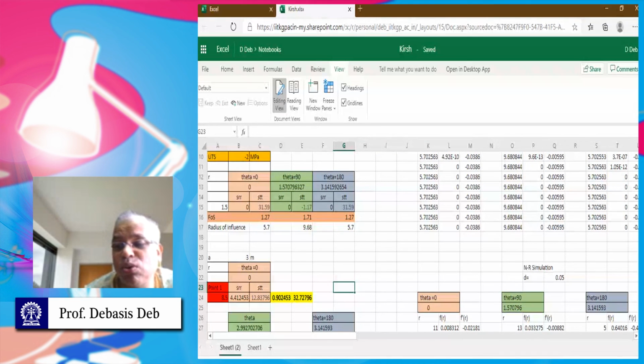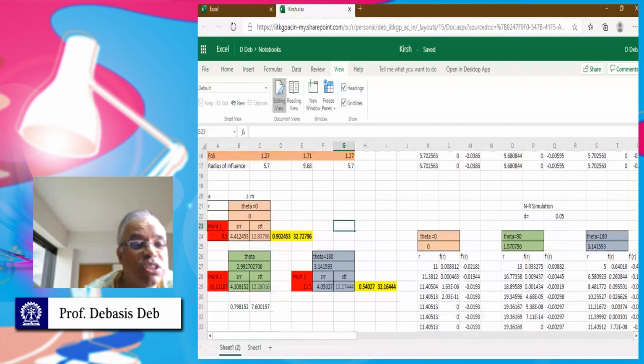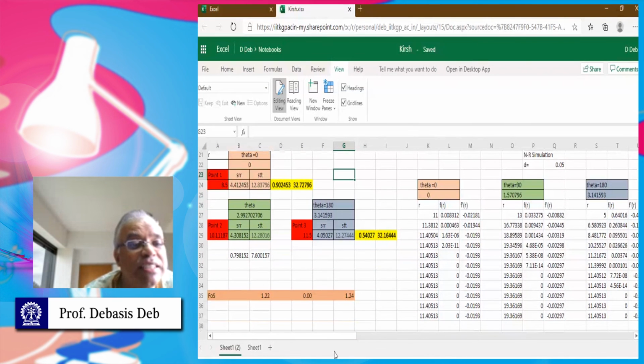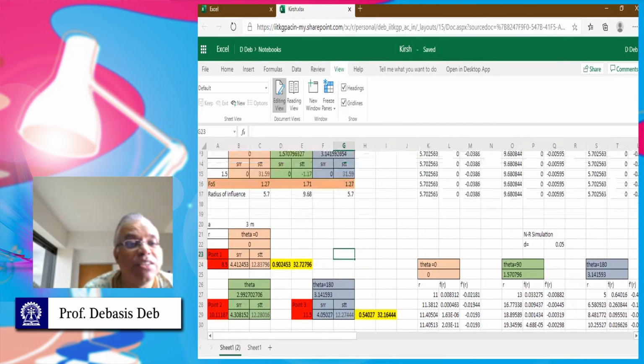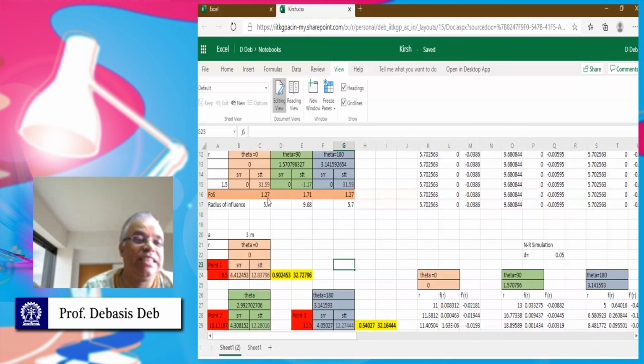So the safety factor goes a little down because now the stress, as I have calculated, becomes 1.22, and what was originally 1.27. So because of the bigger tunnel, 1.27 becomes 1.22 at point 1.